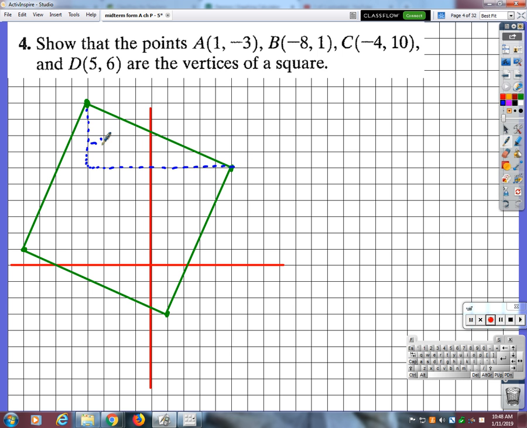Down 4 and over 1, 2, 3, 4, 5, 6, 7, 8, 9. What is this slope? Same. Down 4 over 9. What is this slope?